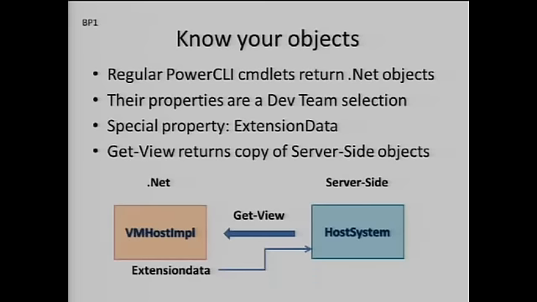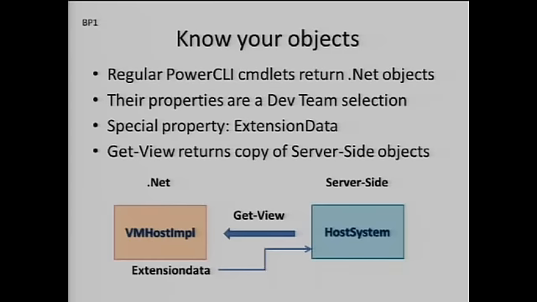So let's start off with knowing your objects. Now, when you return an object in PowerShell, and specifically in Power CLI, what you actually get back is a representation of the server-side object, and within that representation are the details that the Power CLI development team have researched and think you want.